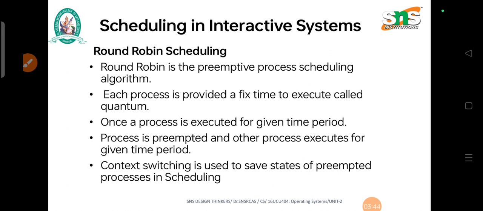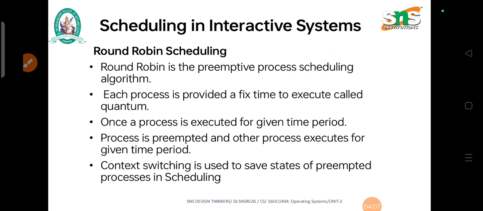Next is scheduling in interactive systems. Round robin is a preemptive process scheduling algorithm. Each process is provided a fixed time to execute, called a quantum. Once a process has executed for a given period, the process is preempted and another process executes for the given time period. Context switching is used to save the states of the preempted process.